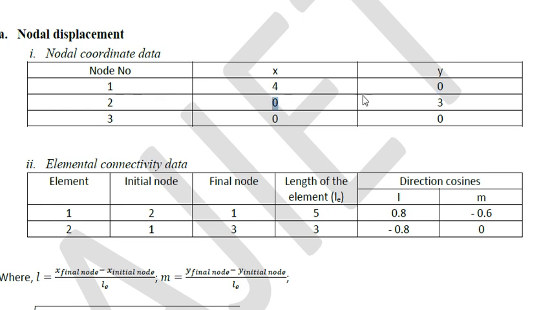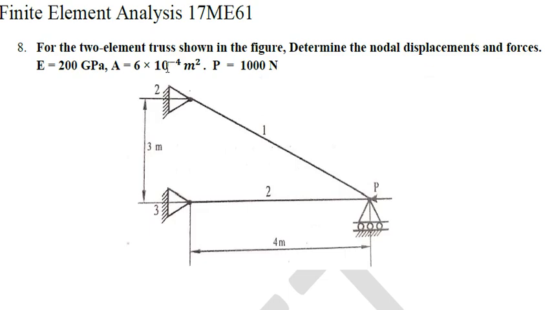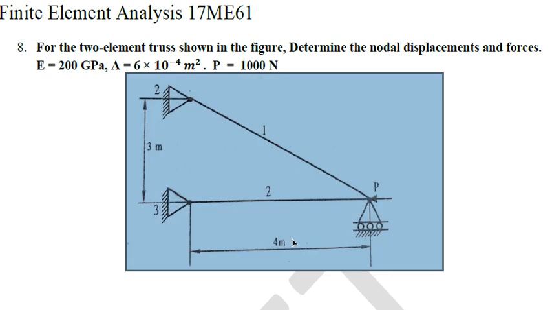Node 2 is at a distance 0, 3 meters only. I am considering in meters. Why am I considering meters? Because area is given in meters, E also will keep in meters. All the lengths are given in meters.